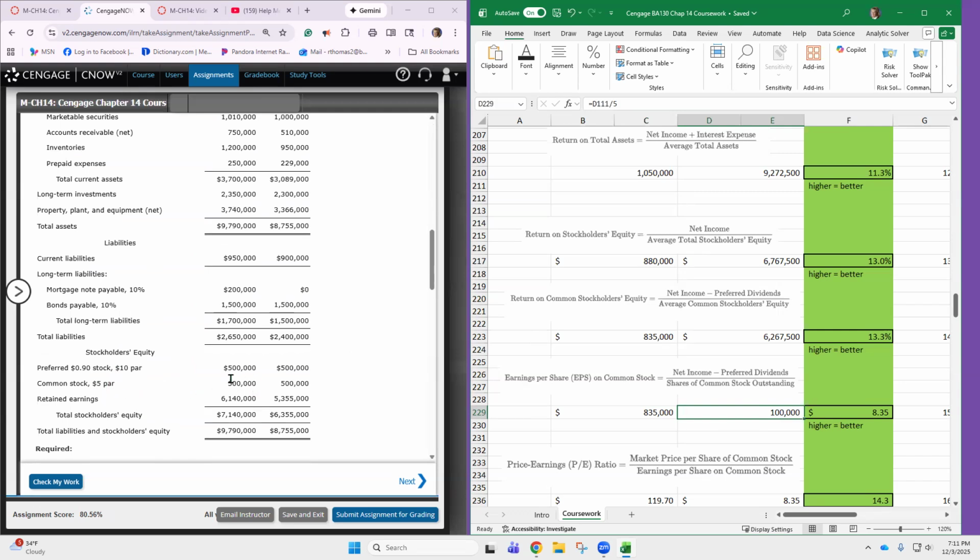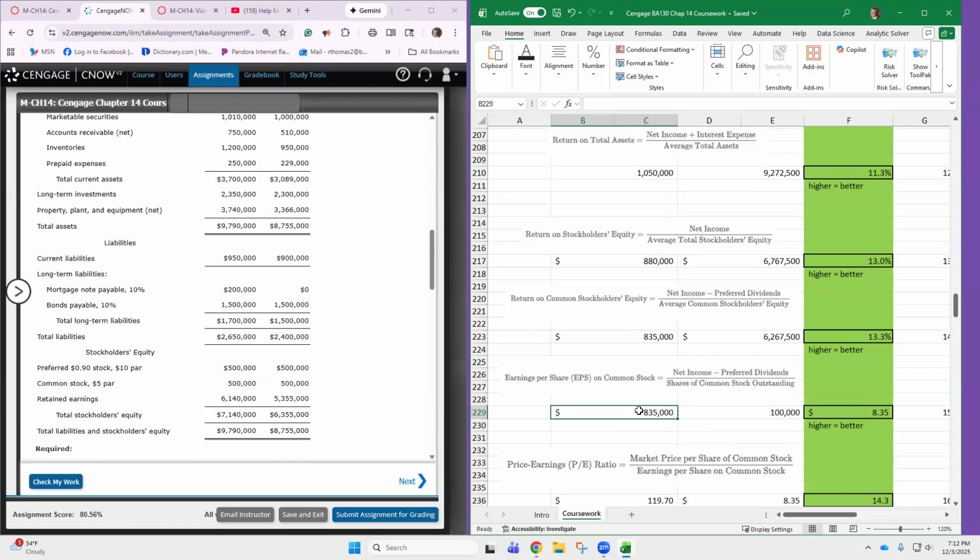You see the total for your common stock and you divide by your $5 par. That's how I got my shares of common stock outstanding. That's why you keep par in an account separate from the amount in excess of par. So we take the amount of common stock and divide by 5, and we find out how many shares.